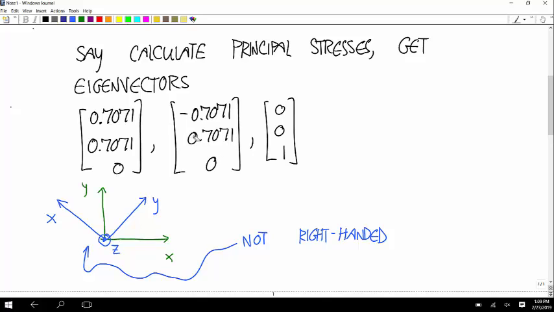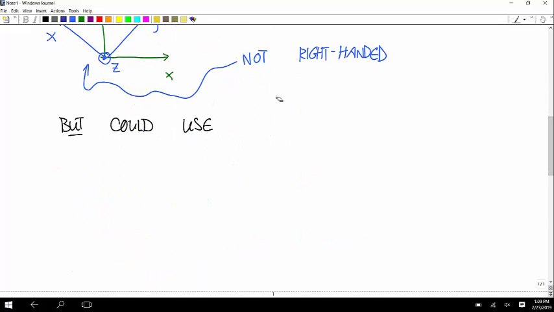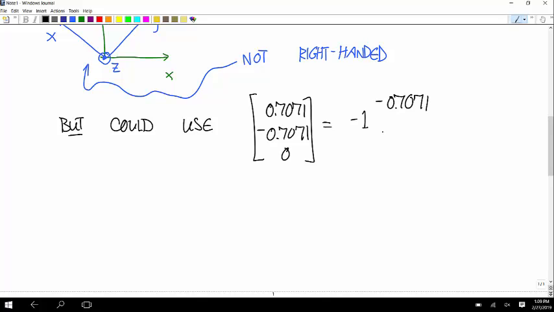So I'm going to multiply that by -1, and I get positive 0.7071, negative 0.7071, 0. That's -1 times the one that we were given. You could use that as the x-axis.